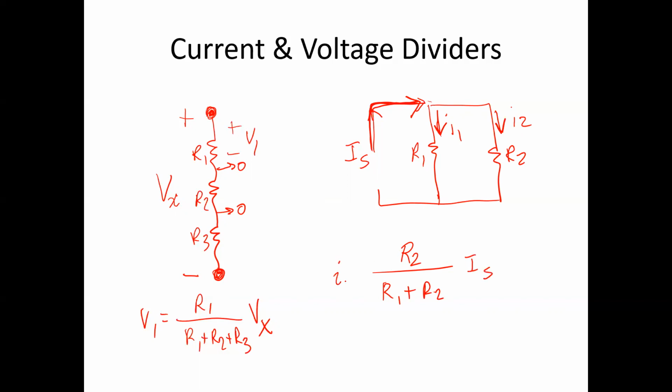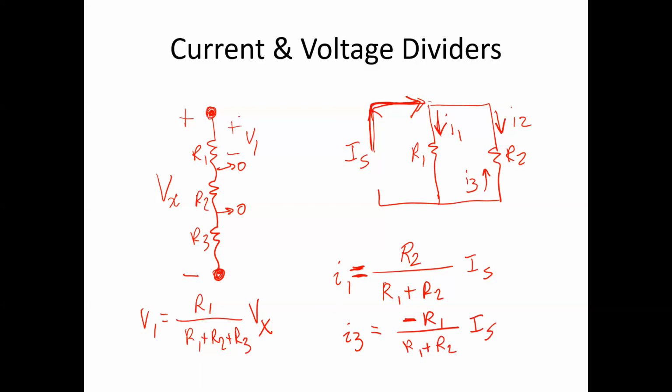And so this would give you, for example, the value of the current I1. Again, it's important to consider relative directions. If I would have defined a current I3, which was in this reverse direction, then I would have to write I3 as minus R1 divided by R1 plus R2 times IS.